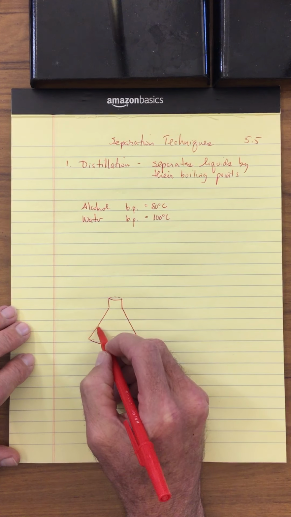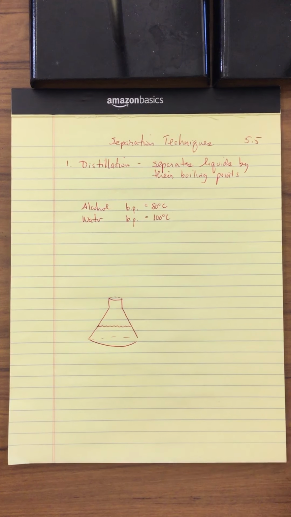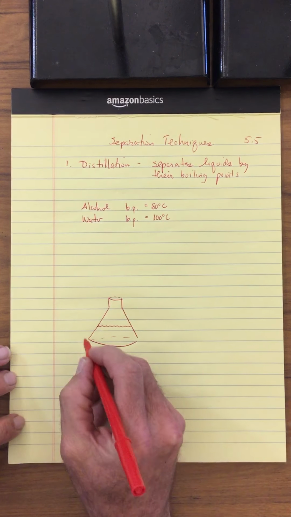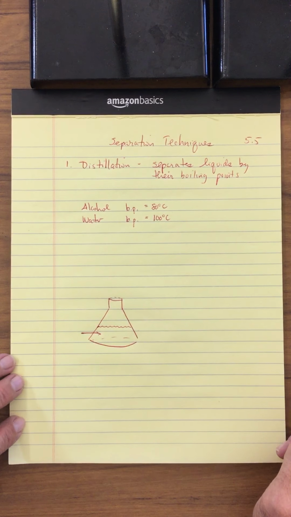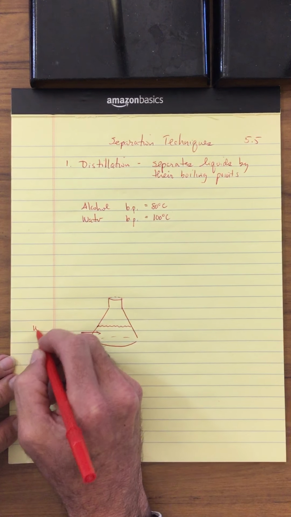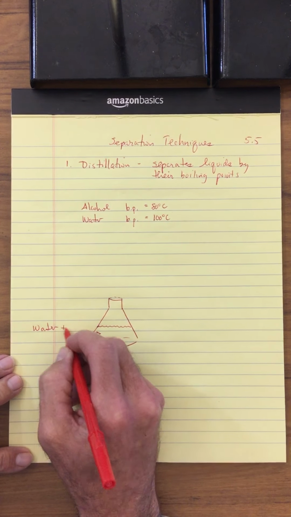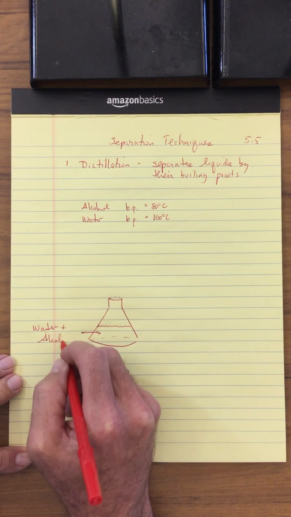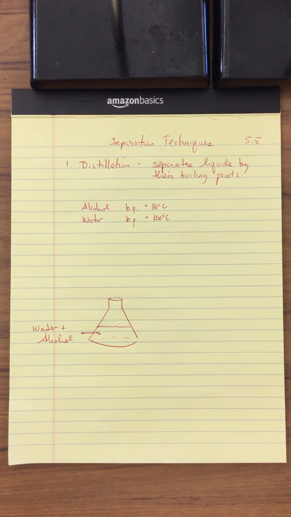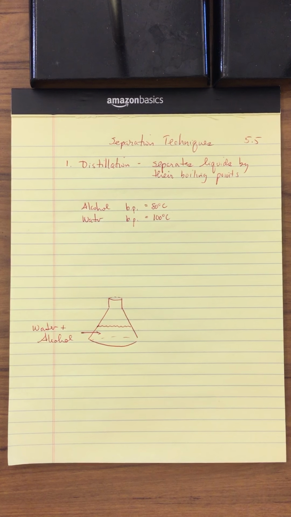In here is our liquid, and we have both water and alcohol. And we want to separate those two substances into their purified forms.